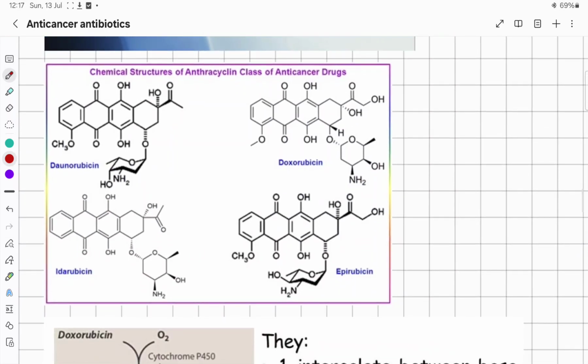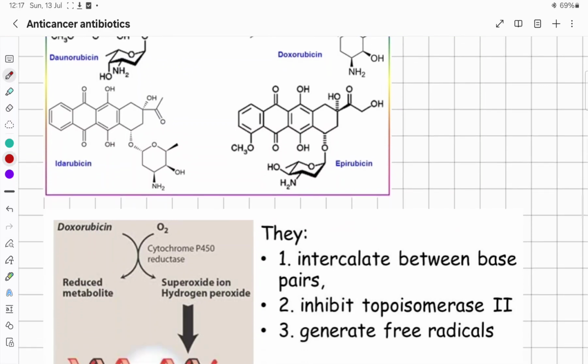These four antibiotics, doxorubicin, daunorubicin, idarubicin, epirubicin, are all coming under the anthracycline class of anti-cancer antibiotics.